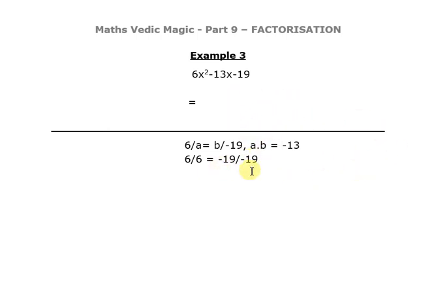For the second factor, we do 6x square divided by the first term of the factor, plus in fact the minus 19 divided by the second term of the factor, which in turn gives us 6x minus 19. So our second factor would be 6x minus 19. Let's look at another example.